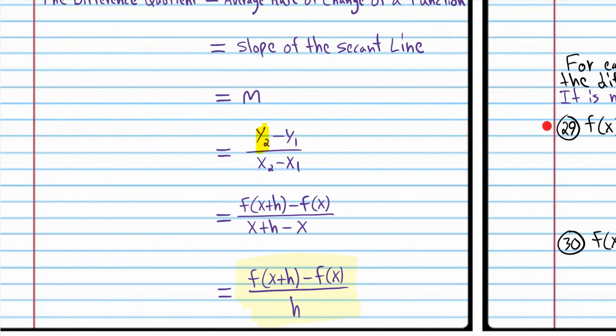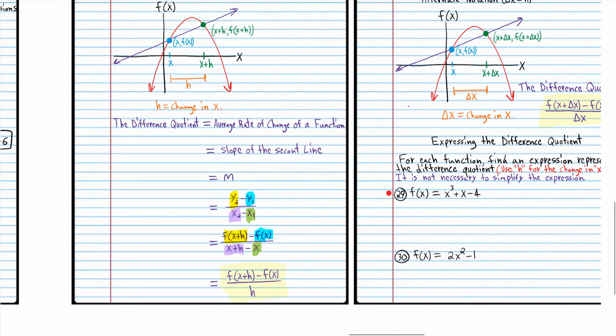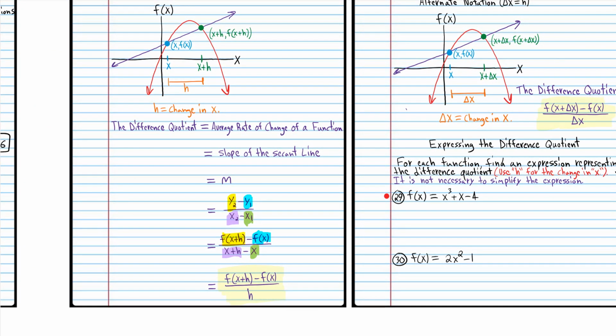So y2 is f of x plus h. y1 is f of x. x2 is x plus h. And x1 is x. We're just using different notation to label these points. And this special expression that we use for the average rate of change is called the difference quotient.